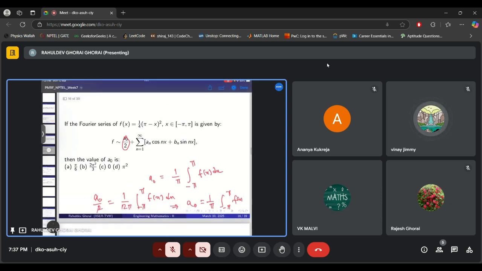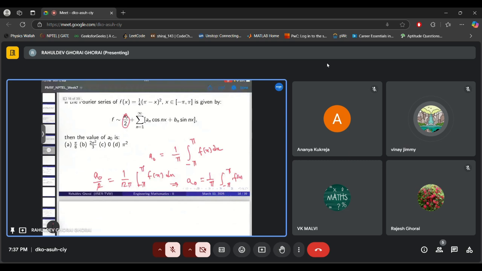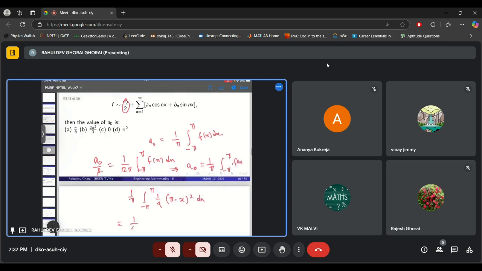Okay, so once you know all these things, you can just evaluate 1 over pi, then minus pi to pi, in this case 1 over 4 pi minus x whole square dx. So that will be 1 over 4, pi minus x whole cube over 3, minus pi to pi, right?